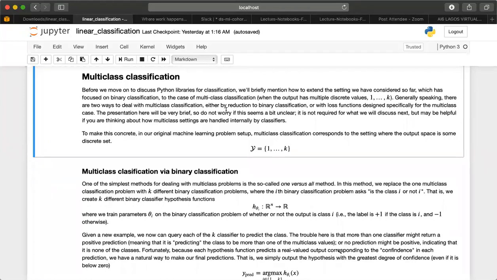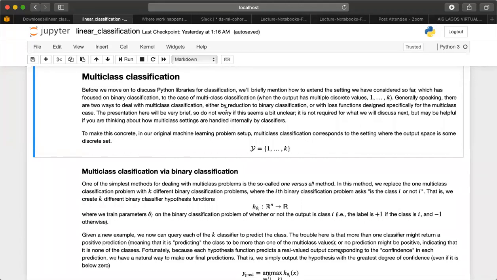So let's say you want to differentiate between a cat, a dog, a goat, and a cow. Or you want to differentiate between different breeds of cats, right? For different breeds of cats, you might even have up to 15 classes in your data set, right?